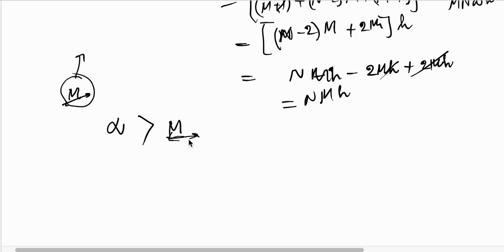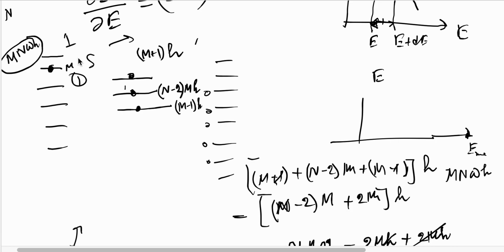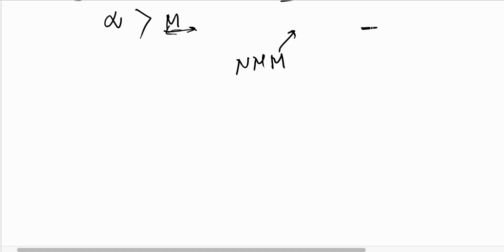Now suppose you think of some large number, and the maximum energy I can get out of it is maybe nmh, but since I have an infinite staircase, there will always be another stair above it. That guarantees that, since I have an infinite staircase, there will always be an upper staircase.